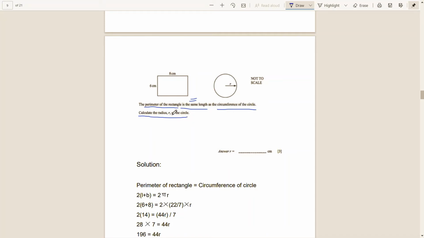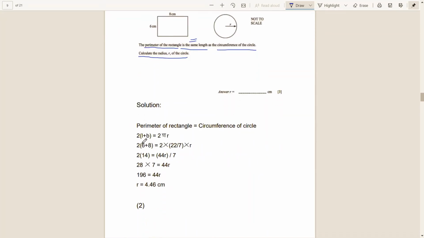Now, when we equate the perimeter of the rectangle with the circumference of the circle, that means 2 into L plus B is equal to 2 pi r. 2 into 6 plus 8, we are given this is the breadth, this is the length, the longer one. 2 into 8 plus 6 is equal to 2 into pi.